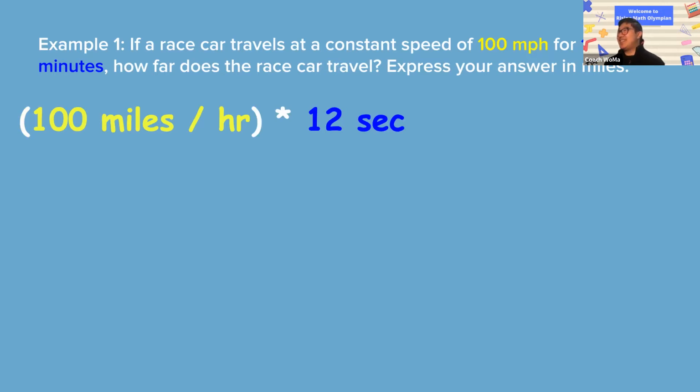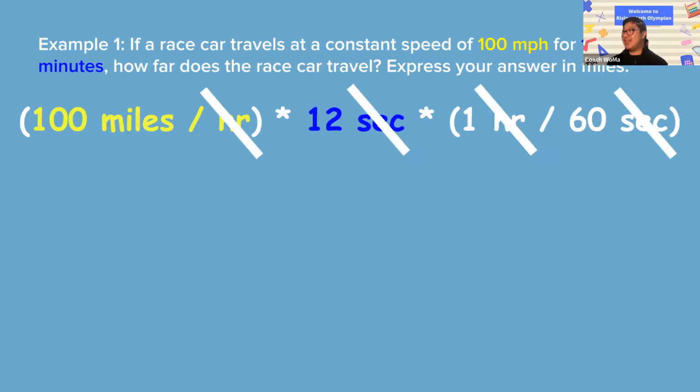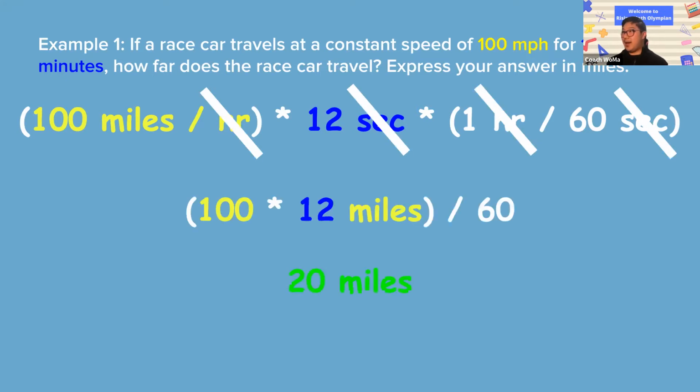So you're traveling for the time, which is 12 minutes, and then you're multiplying by one. And if you need to convert these minutes to hours, there are 60 minutes in an hour. And then you have 20 miles. So there's that problem.